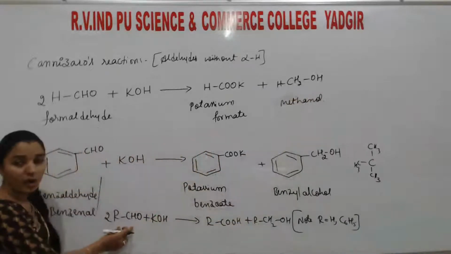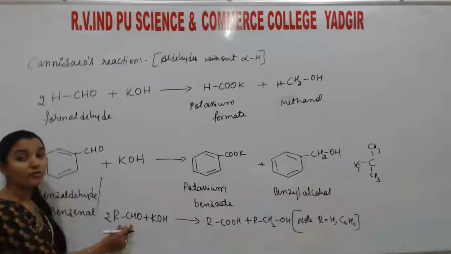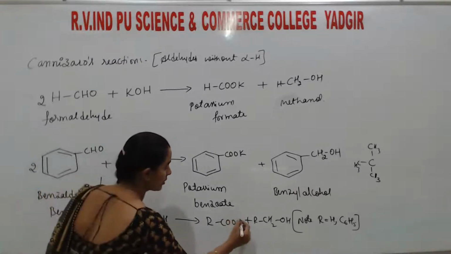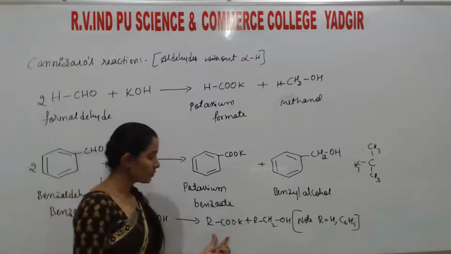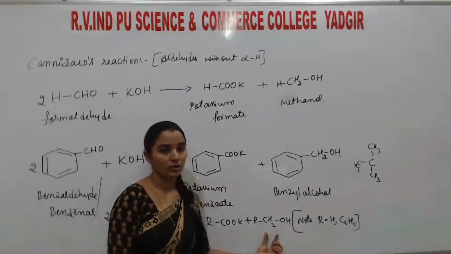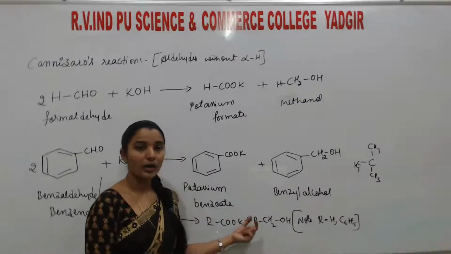Here, the general reaction: when aldehydes having no alpha hydrogen react with KOH, they form potassium salts of carboxylic acid and alcohol. That depends on this R, which must be a phenyl or hydrogen.